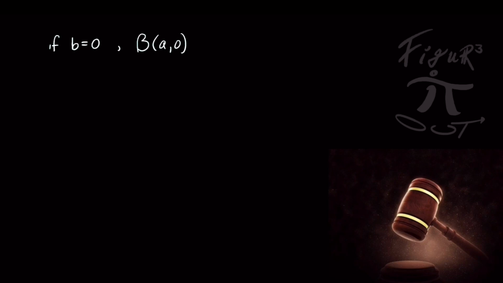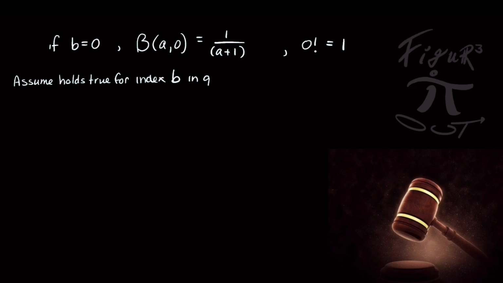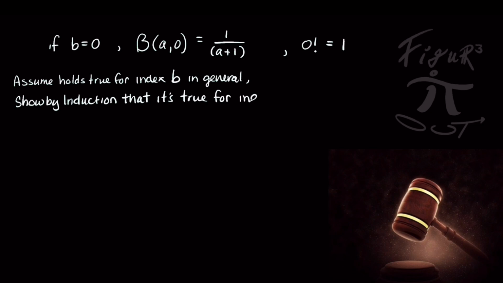Now for induction, if we let b, the index b in the beta function here, be equal to 0, we get the result, because 0 factorial is equal to 1, of 1 over a plus 1. And we assume that now this pattern will hold true for index b, and by induction show that it will be true for the index b plus 1.